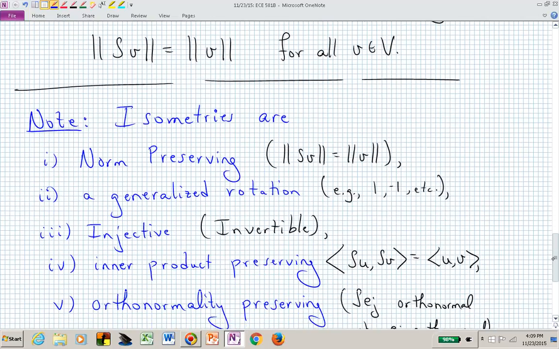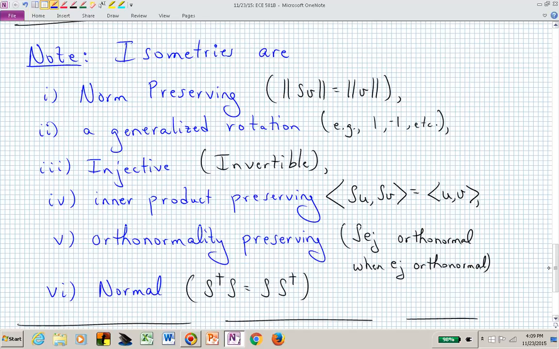Here are some characteristics. I was just going back through the notes, and hopefully you've watched the previous lecture, or at least looked at the notes. Here are some facts that you can keep in mind when we talk about isometries. They are norm preserving.